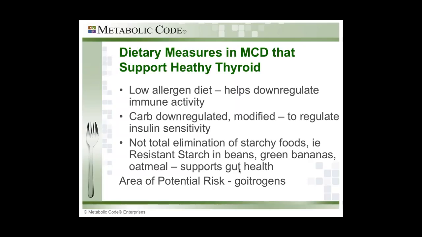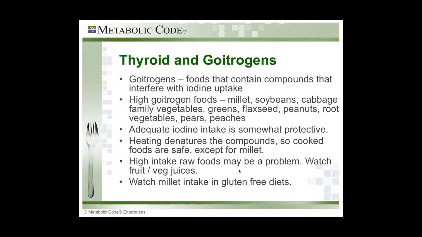Well, those can be sources of goitrogens. So what comes up is, can you overdo it and eat too many vegetables and take in too many goitrogens, and in that way affect the thyroid?